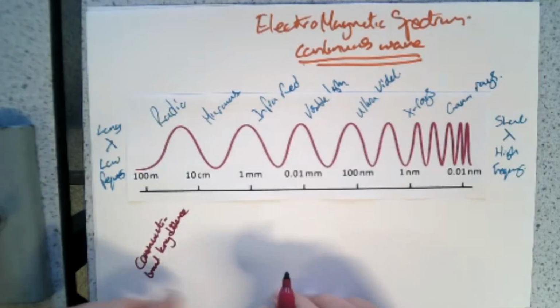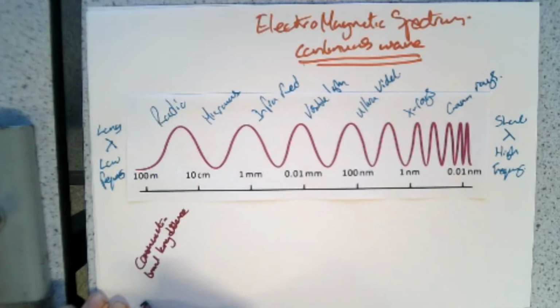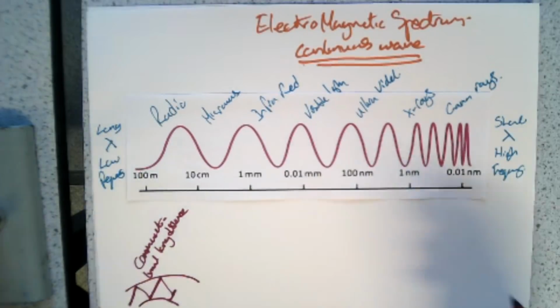Also, if this is planet Earth here, there's the atmosphere, and there's my radio tower, they actually bounce off the atmosphere and travel further. So that's why we use them.